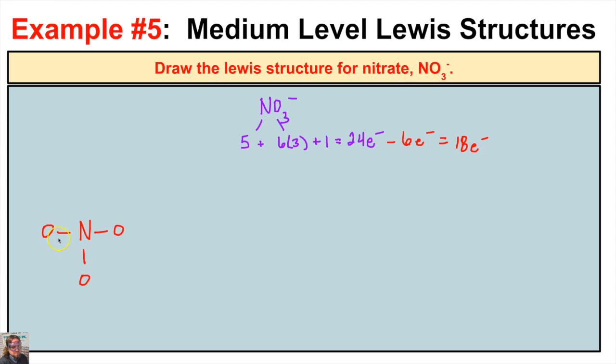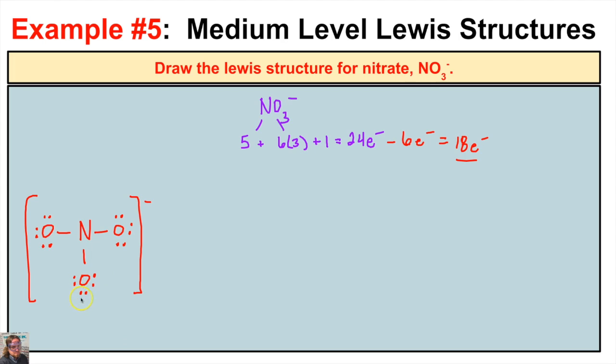So we have 18 electrons. So 1, 2, 3, 4, 5, 6, 7, 8, 9, 10, 11, 12, 13, 14, 15, 16, 17, 18. So we've used the remaining 18 electrons. Let's see if this works. If we take a look now, remember this is a polyatomic ion, so let's put brackets around it and put the charge. If we take a look, this oxygen has 2, 4, 6, 8, so it's happy.